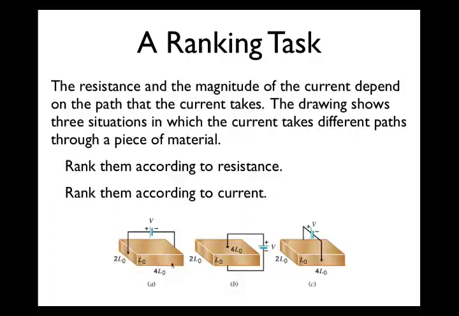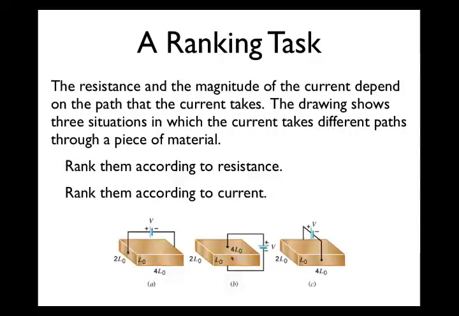Each of these blocks is 4 L0 long, it's L0 high, and it's 2 L0 deep. But in situation 1, I connect it to a battery that has a potential difference of V such that the current has to flow from the 2 L0 by L0 side of this block over to the other side of the block, a length of 4 L0.